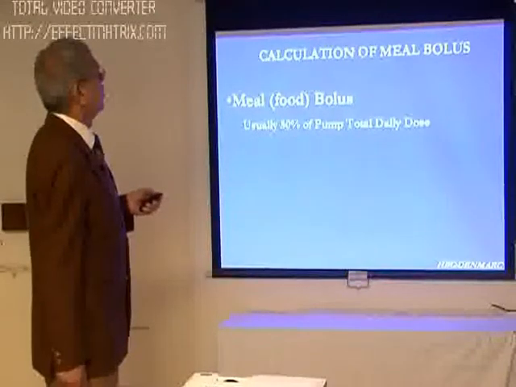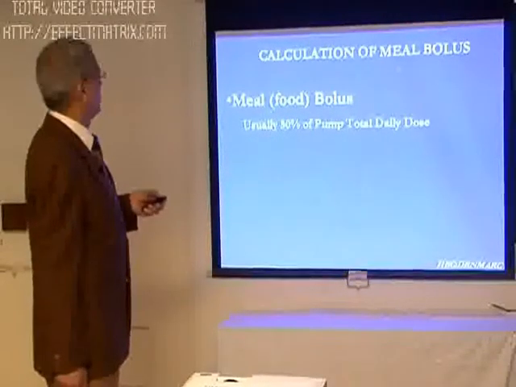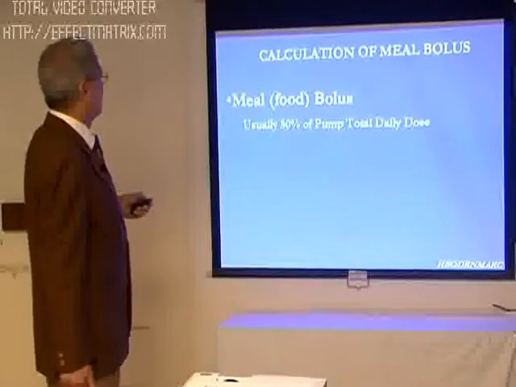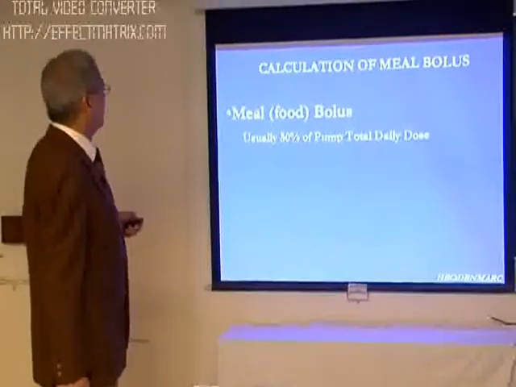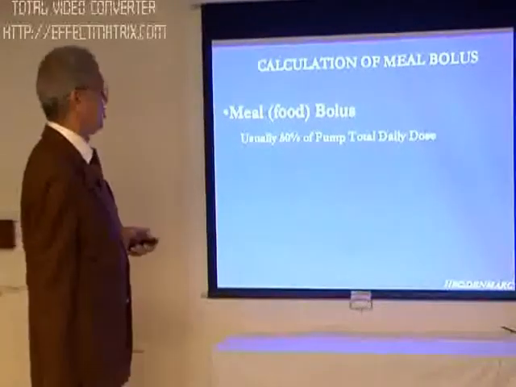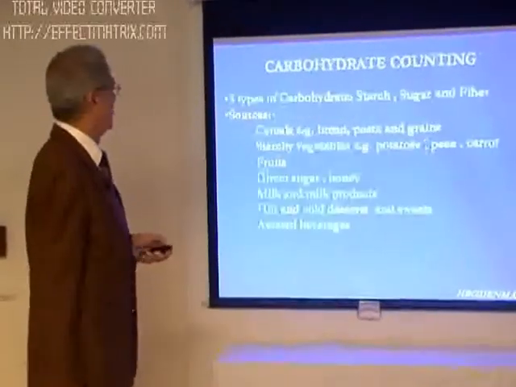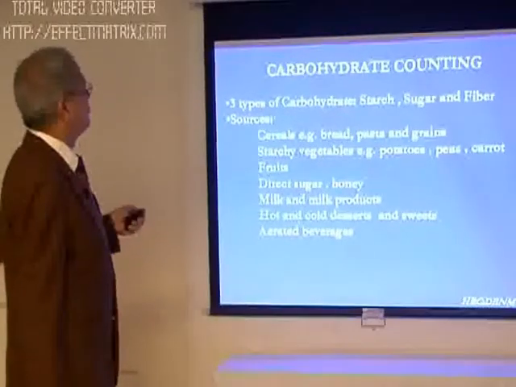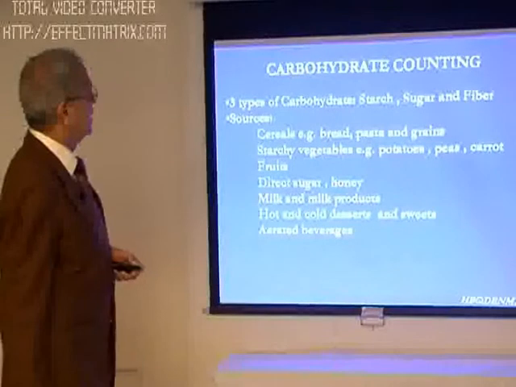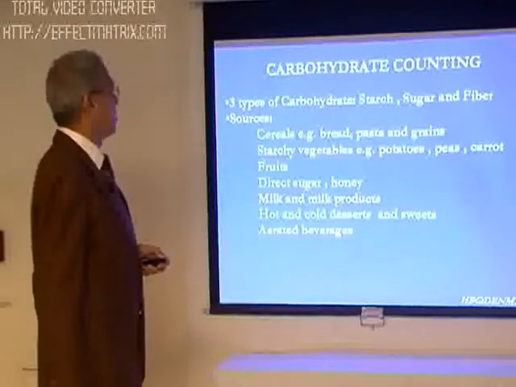Now, how do you calculate the meal bolus? The meal bolus is related of course to the food. We know that the total requirement there is again half of the total daily dose. The meal bolus is calculated by doing carbohydrate counting.